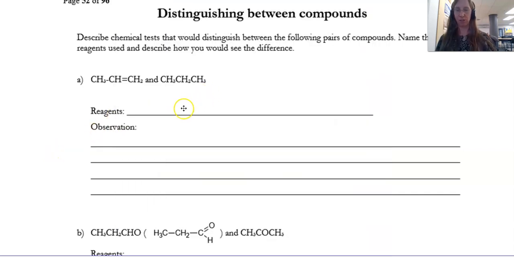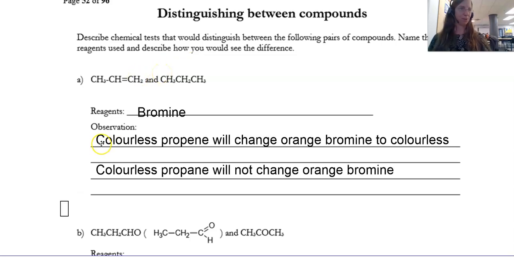So the reagent here, we would use bromine as the reagent, and then you need to describe what we would see with which one. Sometimes it's useful to put a label on these, but you can name them, or you can say the alkene, or you can put a number label on them if you find that a little bit easier to write it quickly. So something like that.